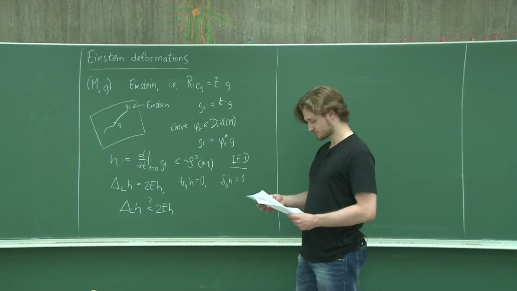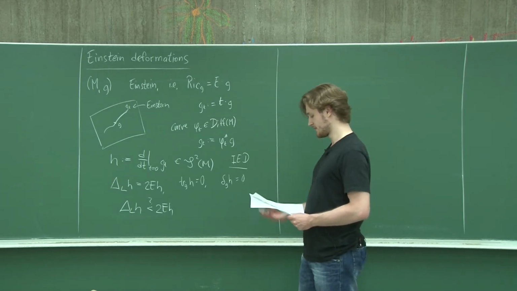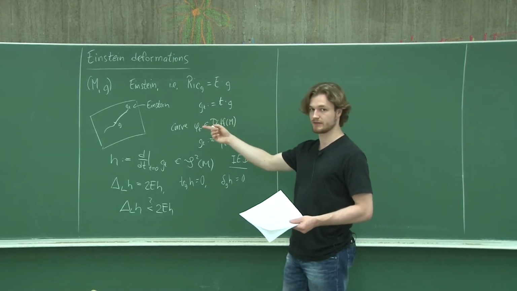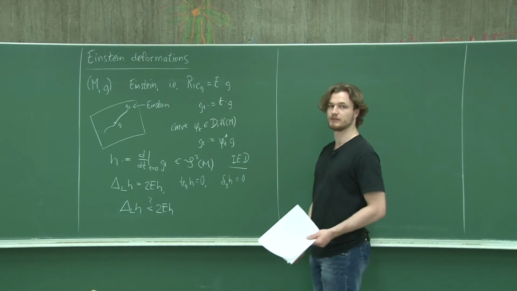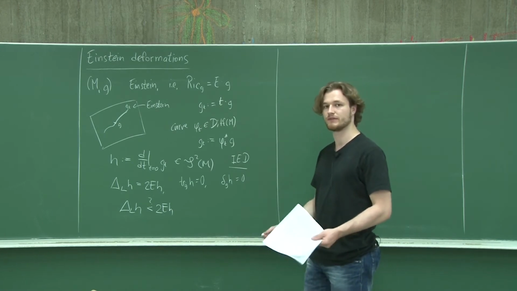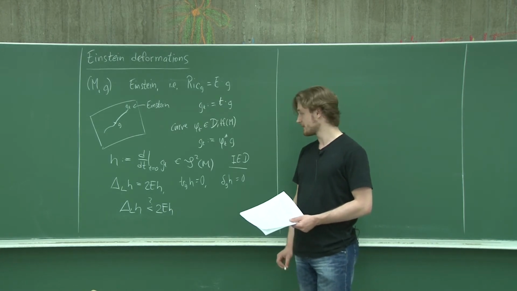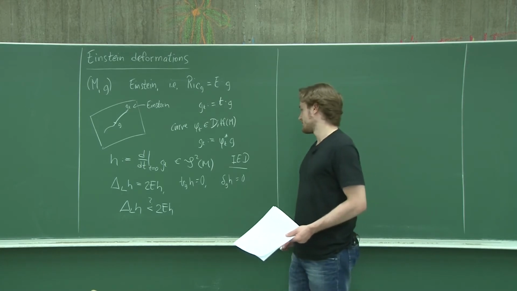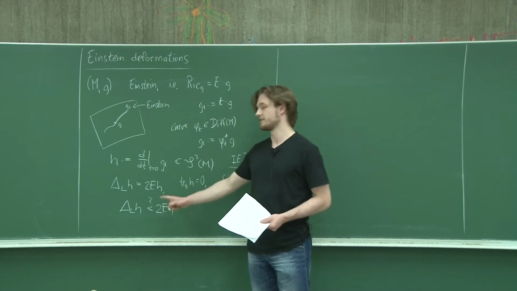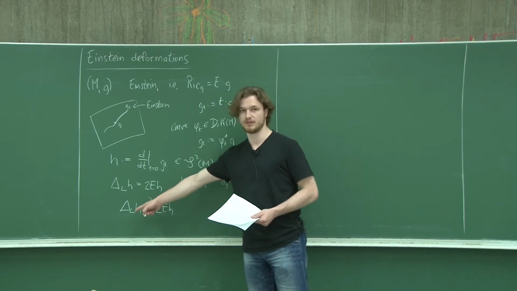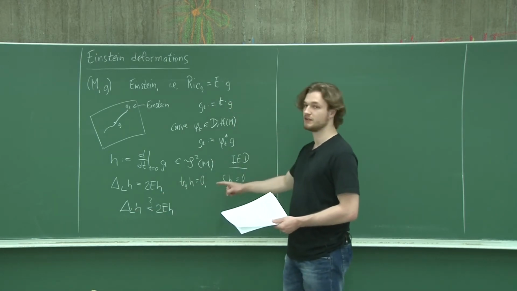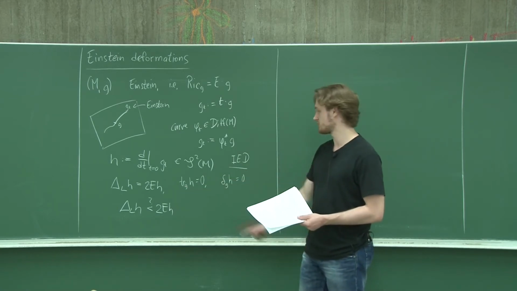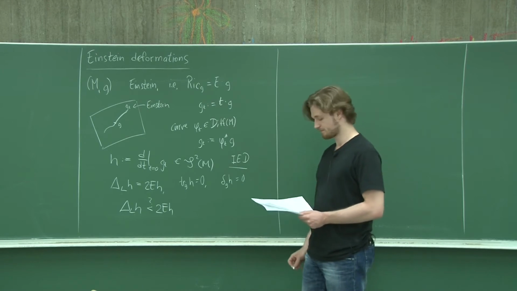Because we can view g, if it's an Einstein metric, as a critical point of the total scalar curvature functional with a certain normalization of volume. And then the behavior of this critical point depends on the spectrum of the Lichnerowicz Laplacian on TT tensors. Also TT tensors meaning trace-free and transverse. So trace-free and divergence-free.